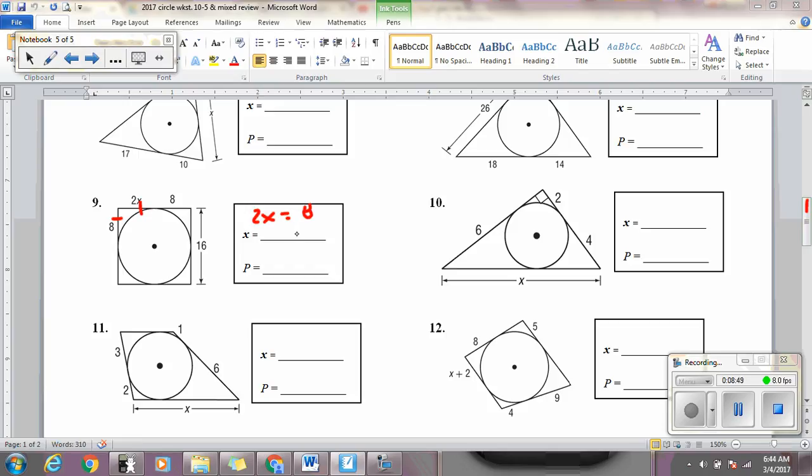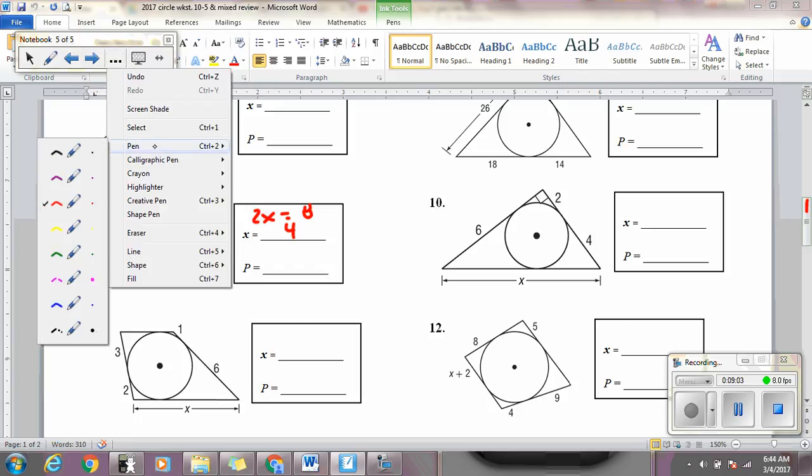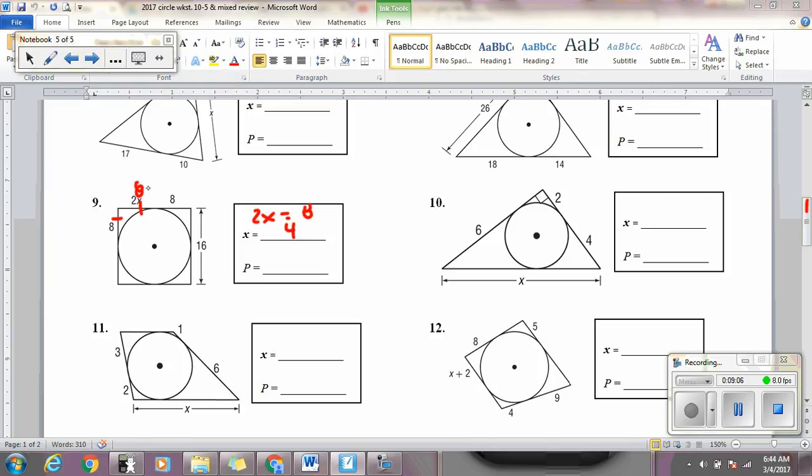So if I use my algebra skills, divide by 2, x would be 4. So that means this part is 8. The total would be 16 for that side. So the total for this side is 16 as well. So yes, it is a square. All four sides are equal. So to find the perimeter, I just need to take 4 times 16, which should be 64.